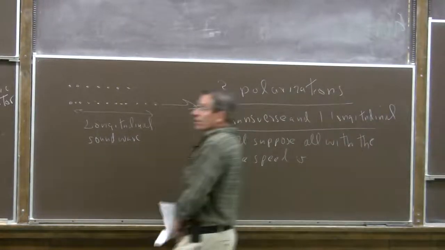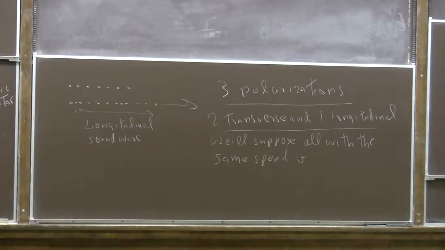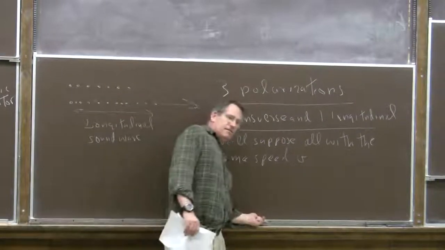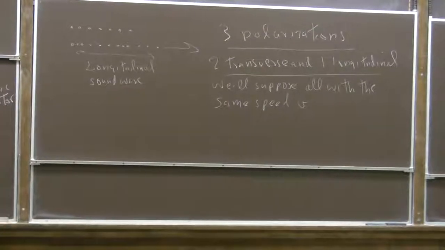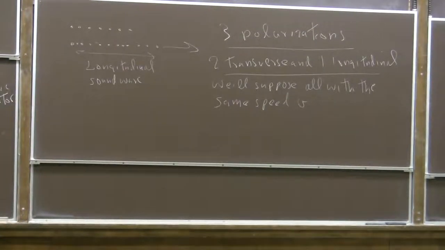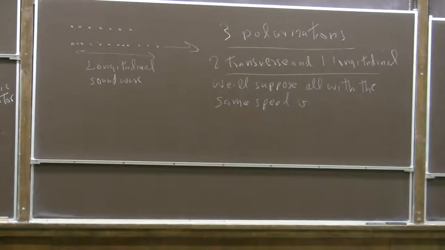So that's one way in which sound is different from light. There's another way that's important, that sound is different from light. How else is sound different from light? Well, there is in the crystal a distance scale, the separation between neighboring atoms, right?